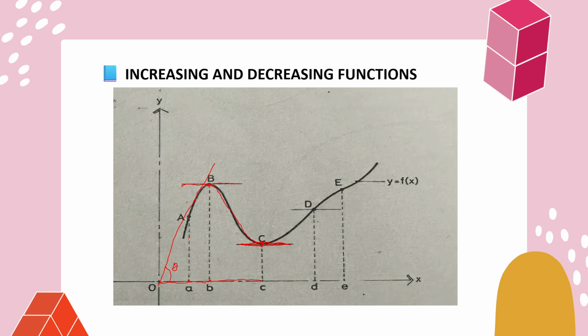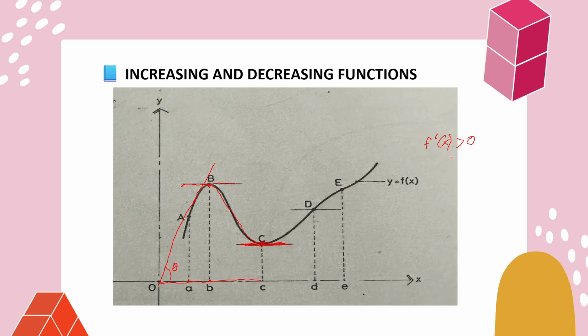Take note that the first derivative of a function or an equation is the slope of the function or equation. So if the first derivative is greater than 0, it means that the angle is acute and the function is increasing.